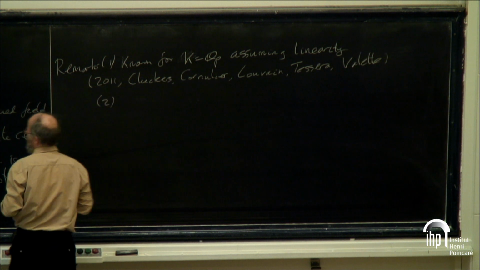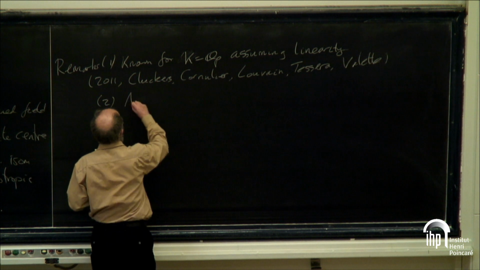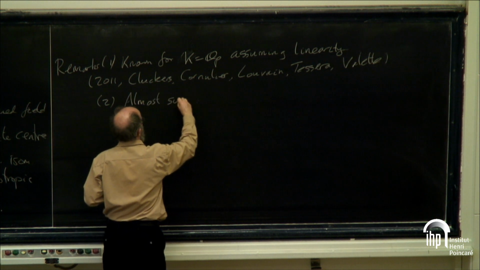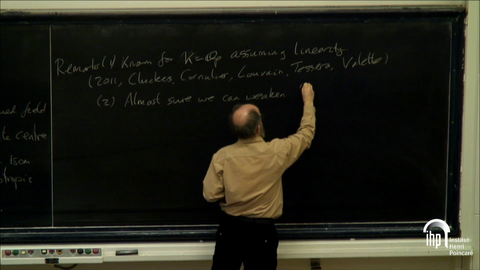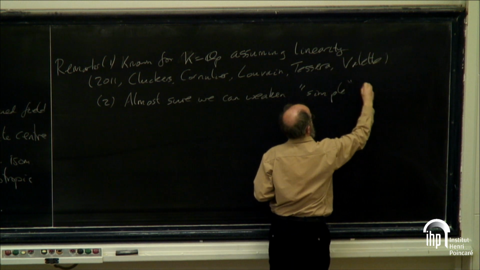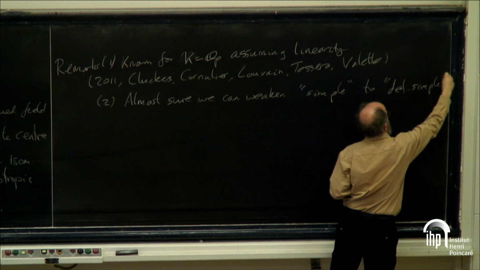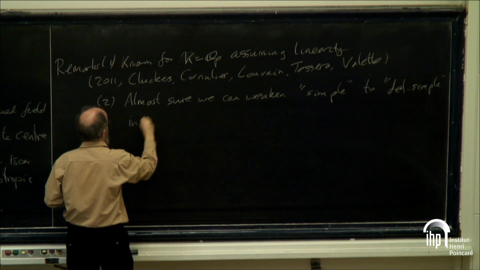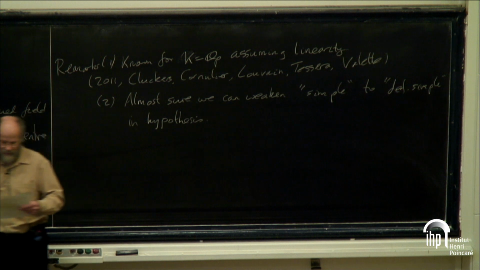Second comment: it would be nice to weaken the assumption that G mod the center is simple to definably simple. I'm almost sure that's okay in the hypothesis. That means there are no proper non-trivial definable normal subgroups.